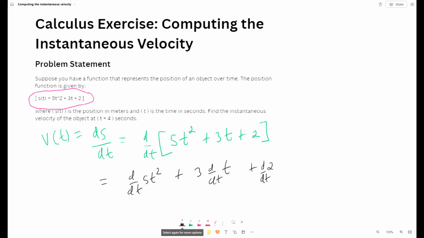Okay, so the derivative of a constant is 0. The derivative of t is equal to 1. So 3 times 1 is 3. Now here we use the power rule. So the 2 comes down and we get 2 times 5, which is equal to 10.